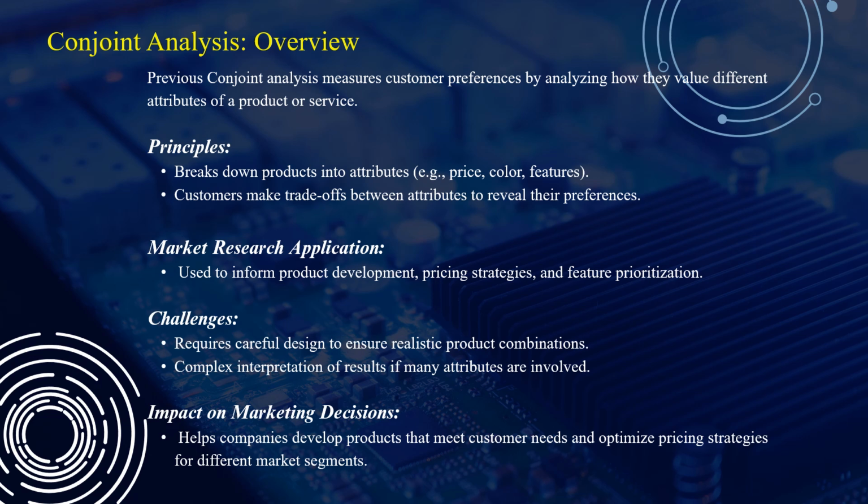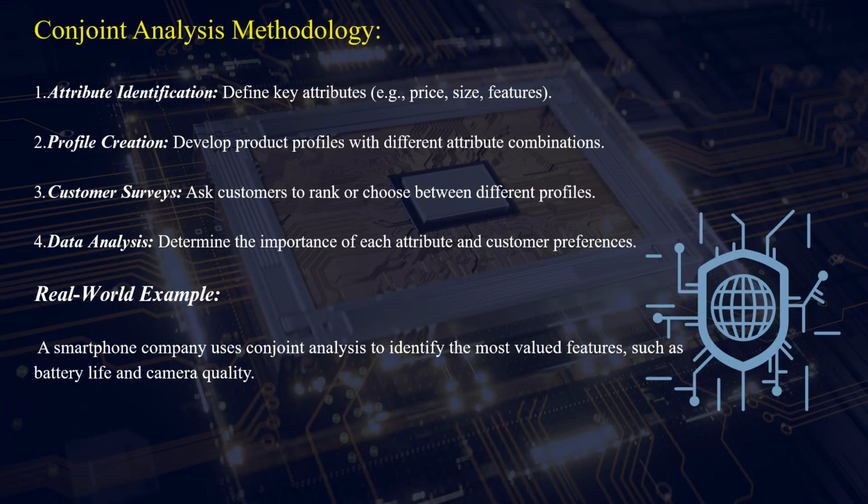For conjoint analysis, we are going to use a few methodologies like attribute identification, profile creation, customer surveys, and data analysis. The first step is to identify the key attributes of the product or service you want to analyze.